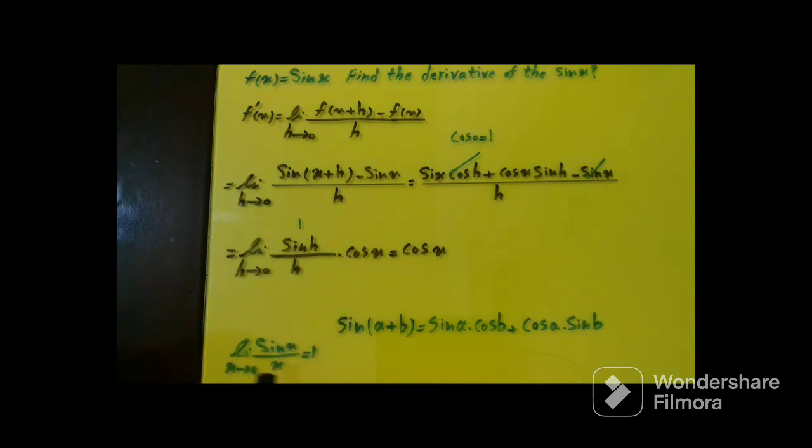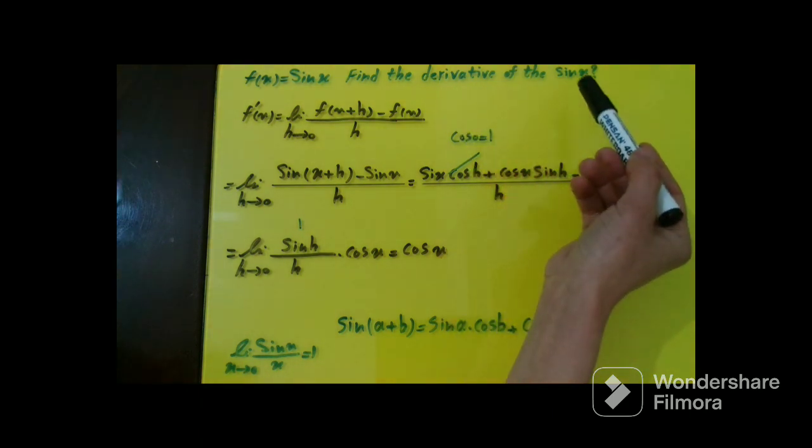There is another rule which says limit of sine x over x when x approaches 0 is 1. So according to this rule, this part is 1. 1 times cosine x is cosine x. So cosine x is the derivative of sine x.